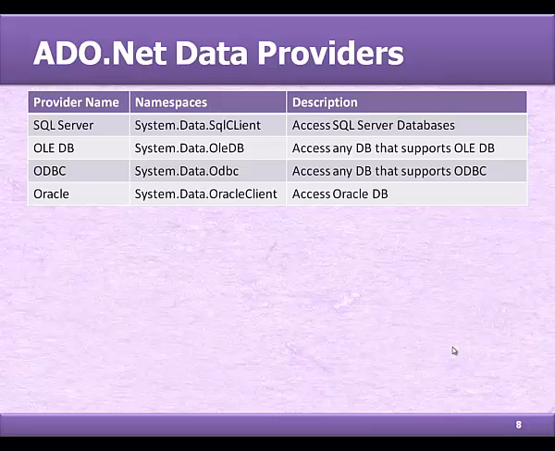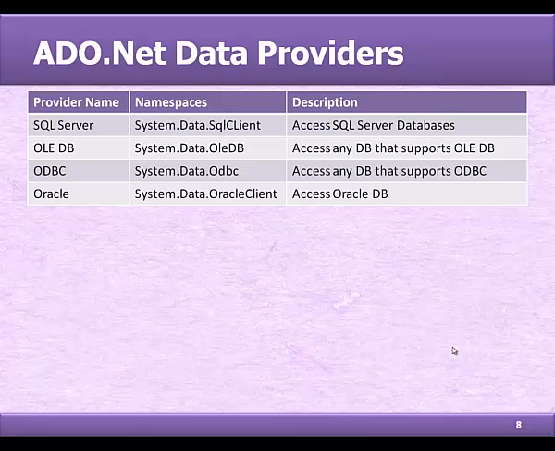For SQL Server, we use the namespace System.Data.SqlClient. For OLEDB, we use the namespace System.Data.OleDb. Now these namespaces are basically like packages in Java. Namespaces provide different classes and libraries to access data or deal with the data in the database.